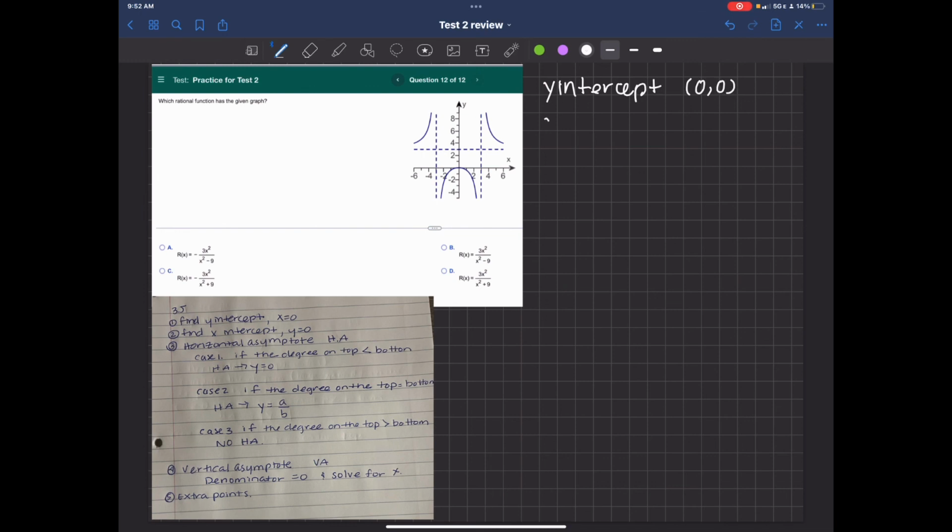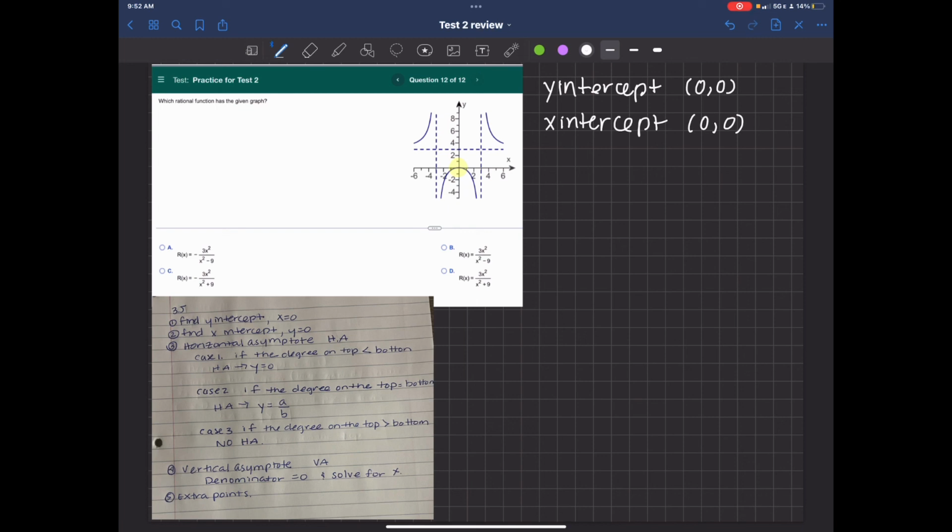Then the next step says to look. So if you're wondering where I looked, I went right here. That's the y-intercept, and then it just happens to also be the x-intercept as well, because the graph doesn't touch the x-axis at any other point.